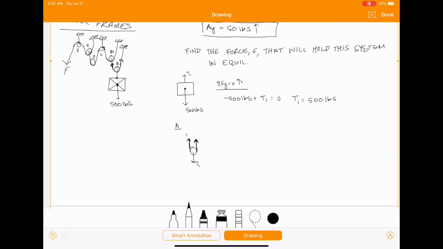So we can just label these both T2 because they're going to be the same. Again, you do a sum of forces Y, and you get negative T1 plus 2T2 equals 0. We solved for T1 already, so we can do negative 500 pounds plus 2T2 equals 0. And we can solve for T2, and it's going to equal 250 pounds.